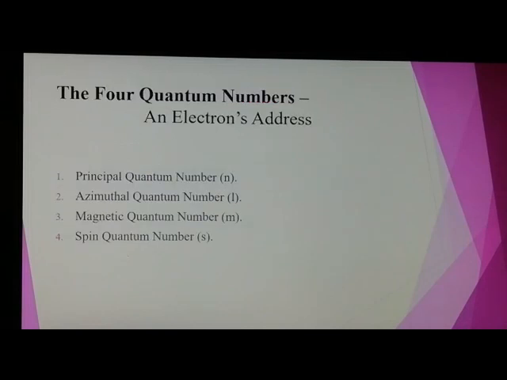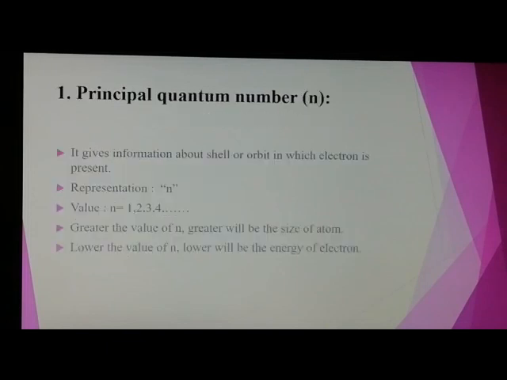The four quantum numbers, which tell us the complete electron's address, are the principal quantum number represented by the symbol n, azimuthal quantum number represented by the symbol l, magnetic quantum number represented by the symbol m, and the last one is the spin quantum number represented by the symbol s.